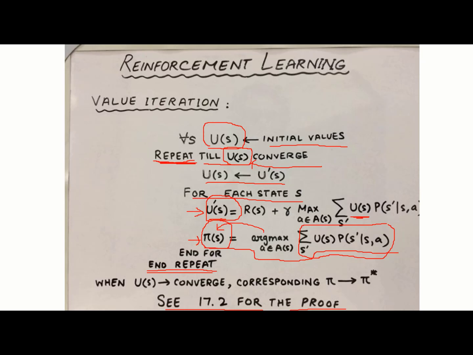So the moment the updates become negligible, we are going to stop this algorithm, and when the algorithm stops, that's when the rewards are going to converge and the corresponding policy will converge to the optimal policy, which is to say that u of s now represents the maximum accumulated reward that is possible. And the proof of this idea is given in section 17.2.